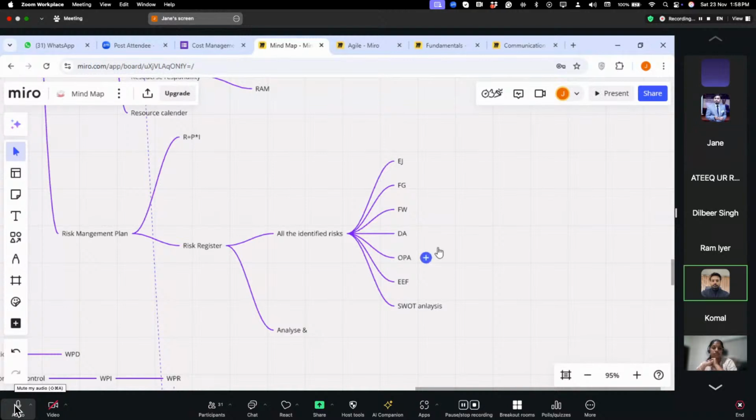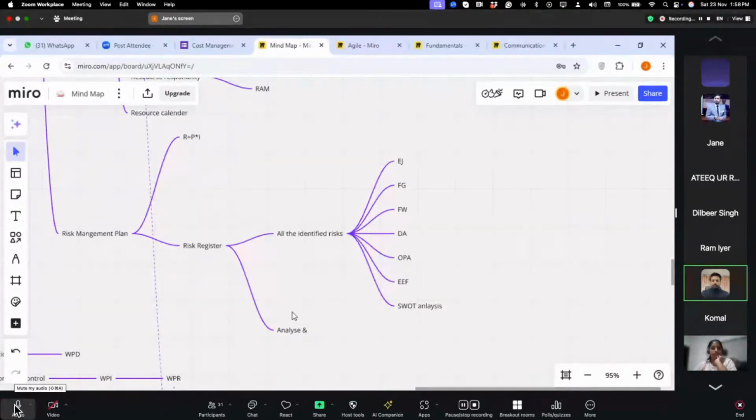So in the risk management plan, we first identify the risks, and to identify risks we have different options: expert judgment, focus group, facilitative workshop, and document analysis, OPA, EF. We have SWOT analysis for internal factors, and we have PESTEL, which we can consider in EF.